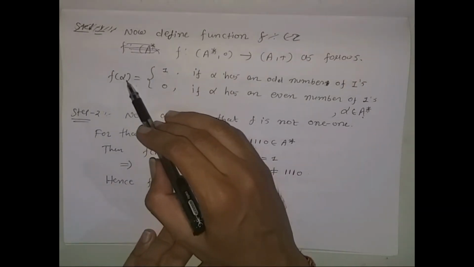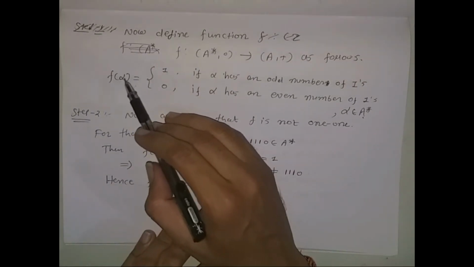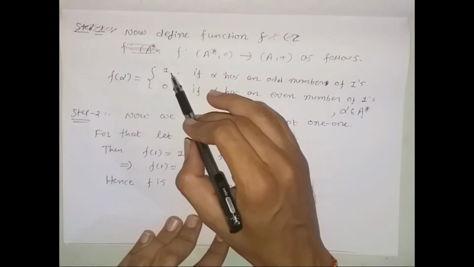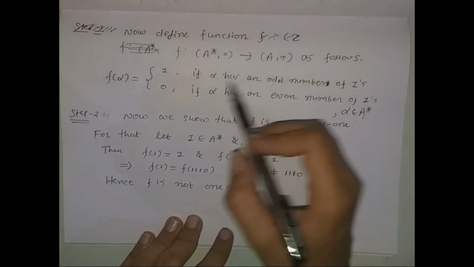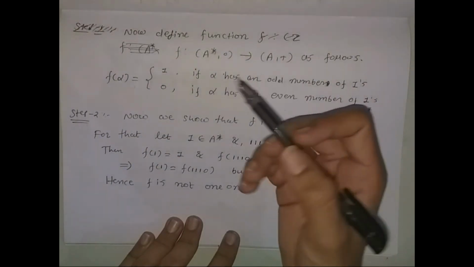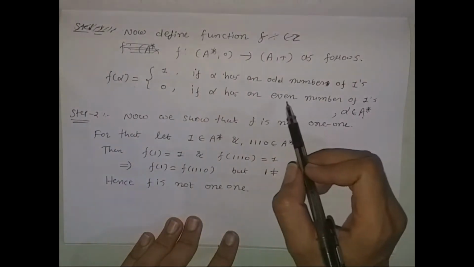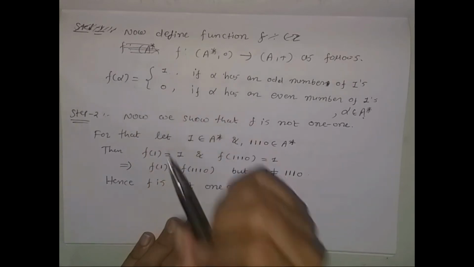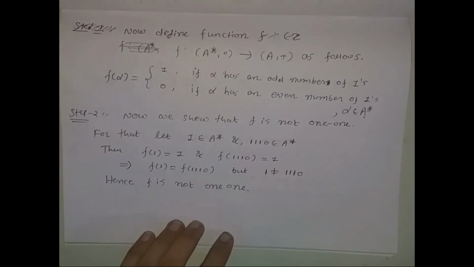If alpha is the finite sequence 1 0 1 0 and the number of ones is odd, then f of alpha is equal to 1, and if the number of ones is even, then f of alpha is equal to 0.